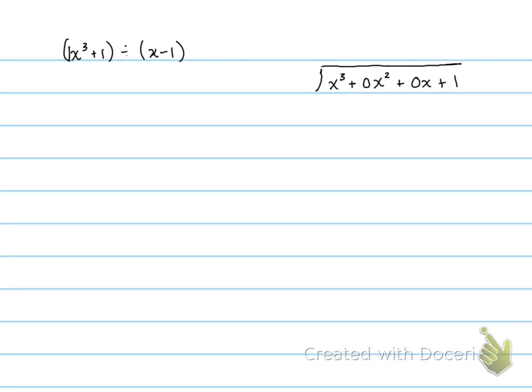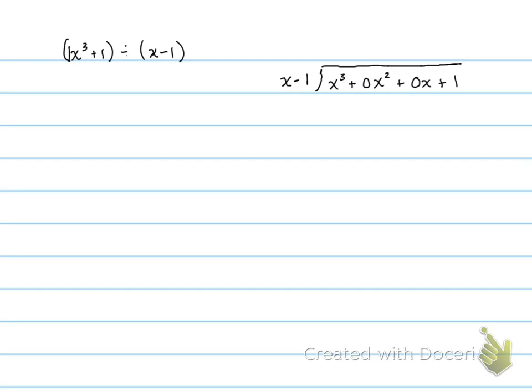So we're dividing by x minus 1. So what do I multiply x by to get x cubed? Is it x minus 1? Because that's what I'm dividing by. Oh. How do you get the third 0x? I just put it in there because I put all my missing terms in.